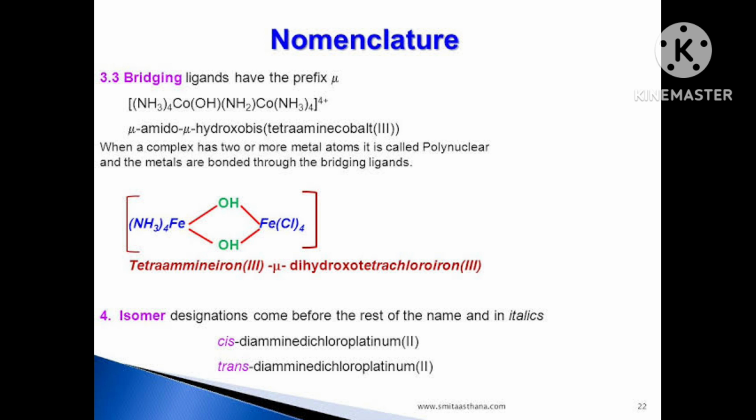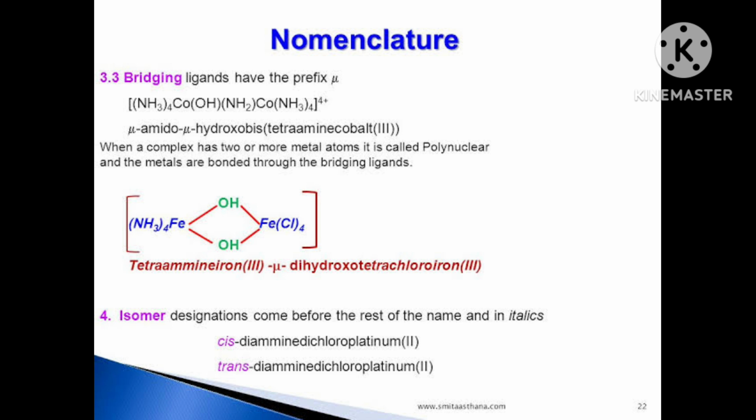If the complex ion is known, suppose the complex ion has 3 minus or 2 minus, then you can calculate the oxidation state of the metal ion in a very easy way, because you know the total charge on the complex: +2, +3, -3, -2, something like that.